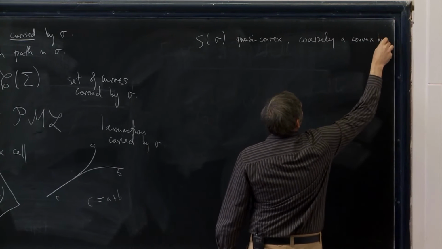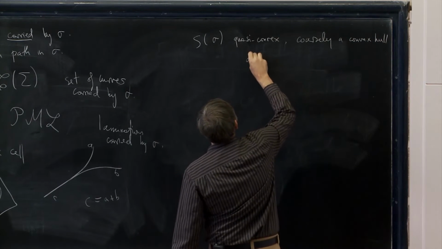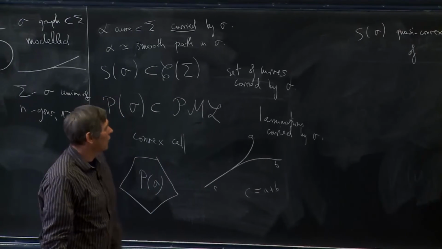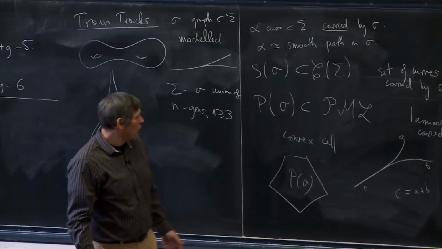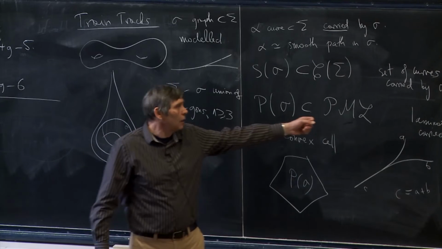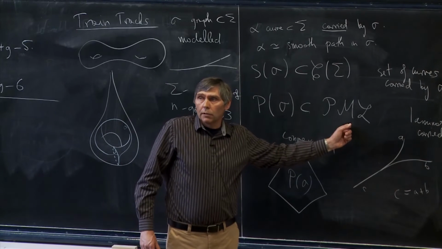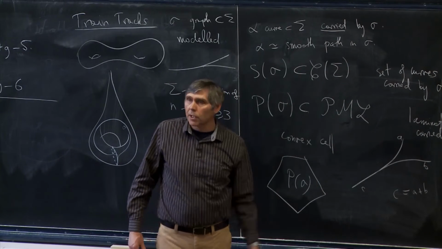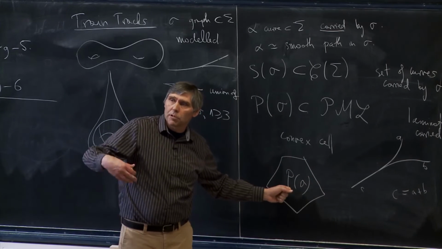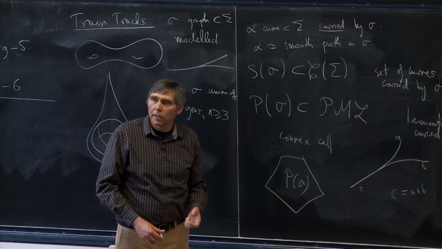A convex hull of what? I have to give you a subset of the boundary. It's a convex hull of a certain subset of the boundary. Well, how do you go to the boundary if you have P of sigma? P of sigma sits inside PML. Now the boundary is really a subquotient. So you first intersect with where the quotient map is defined, and then you push it by the quotient map, and that's it.